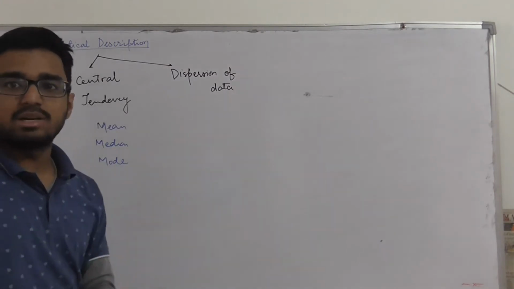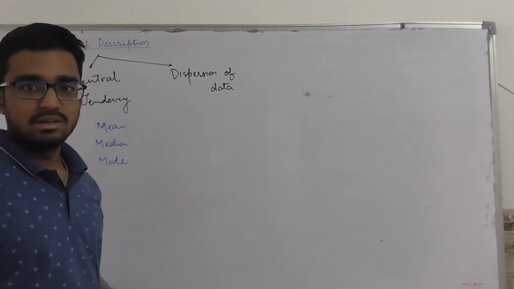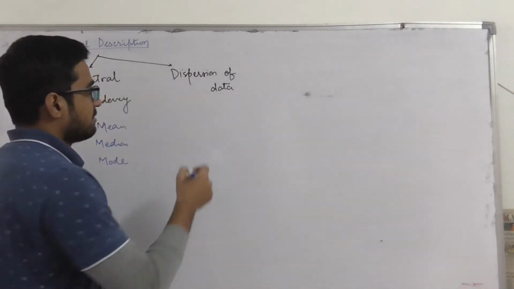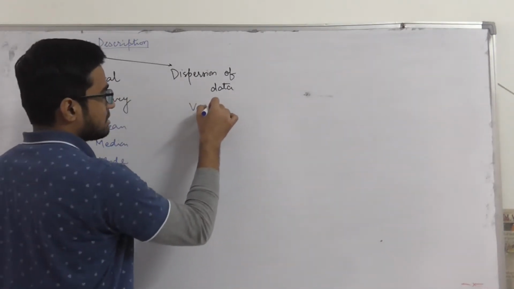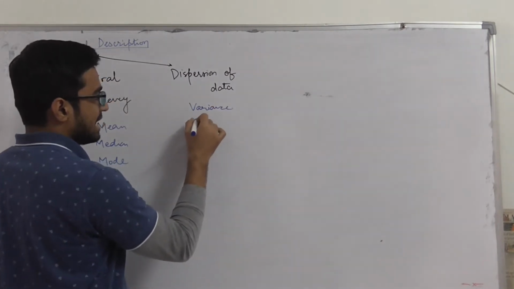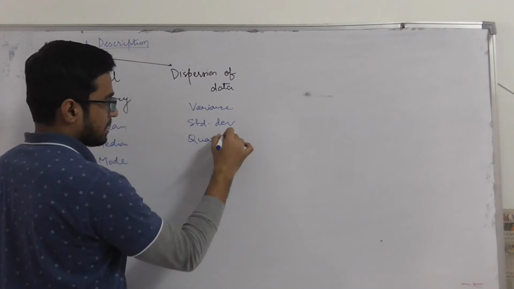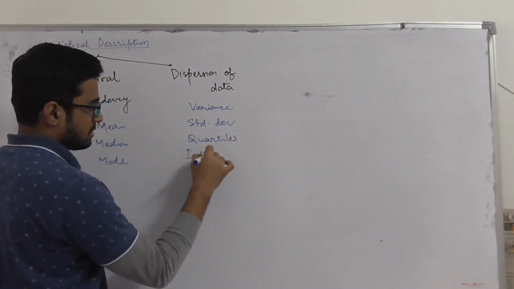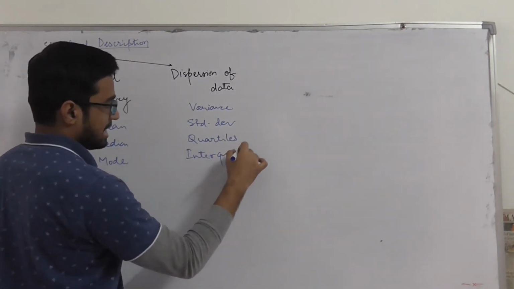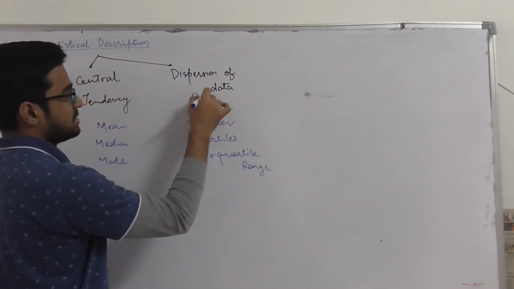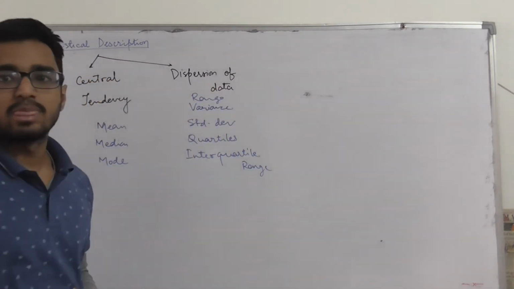So a single number represents the characteristics of data, while in the dispersion of data we see things like variance, standard deviation, quartiles, interquartile range, and of course the range of the data.